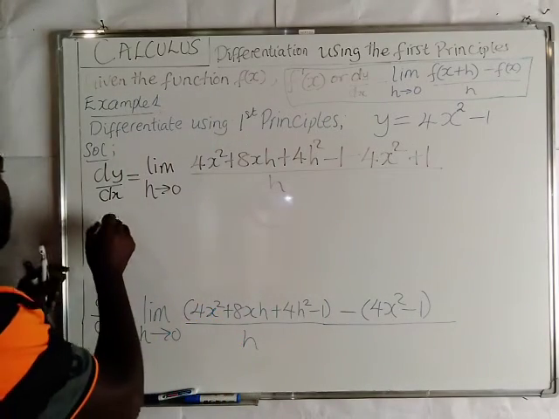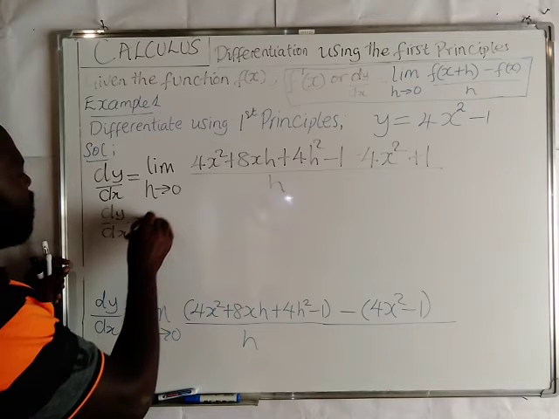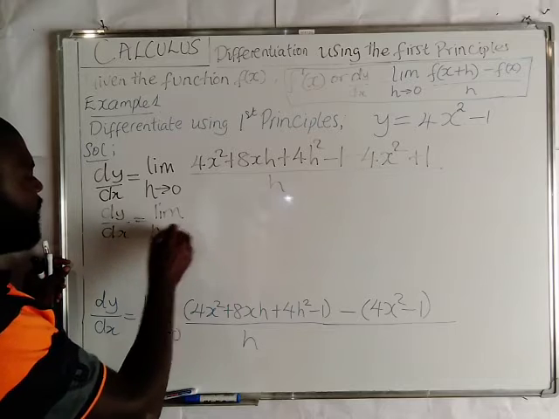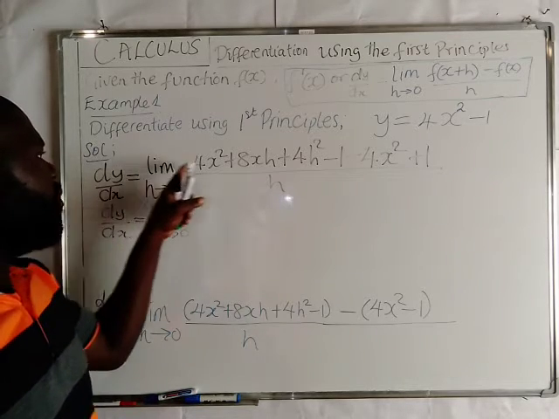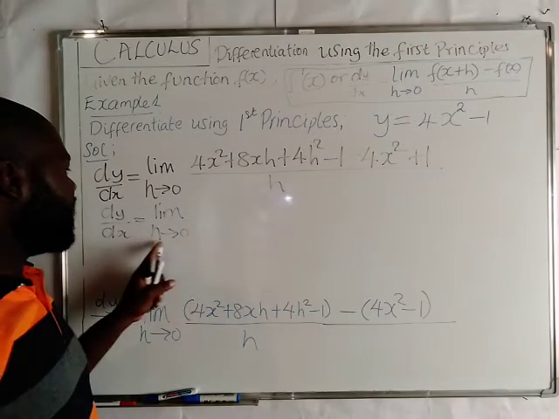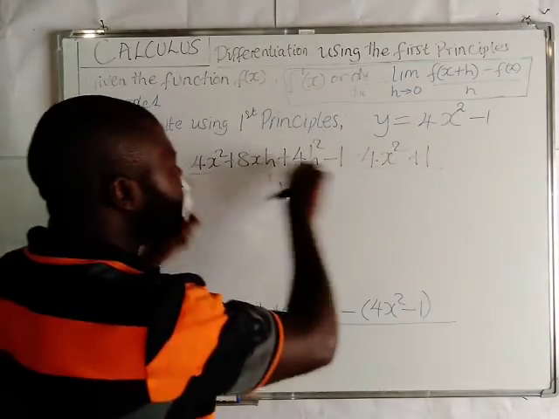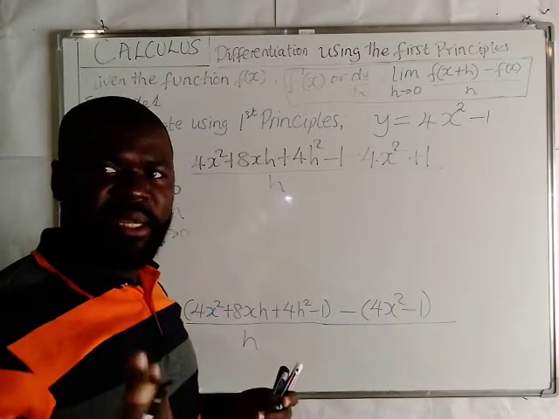Okay, now when we are here, we know we are getting our dy dx, which is given by the first principle, the limit of whatever is here as h approaches 0. Okay, so at this point now, we need to look out for like terms.